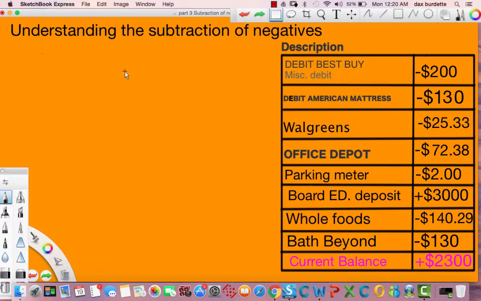But let's talk about the subtraction of negatives. This is where I'm going with this. Looking at this account, what if I said to my bank, hey, Chase, I did not go to American Mattress. I still have the same mattress I've had. I haven't been to you all. Why did you all take 130 out of my account? I called them and said, I did not do that. Then I look down and I'm analyzing my account.